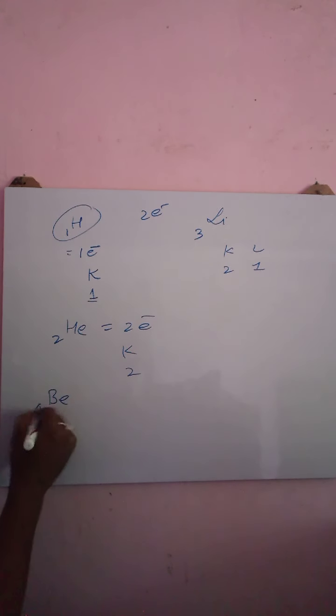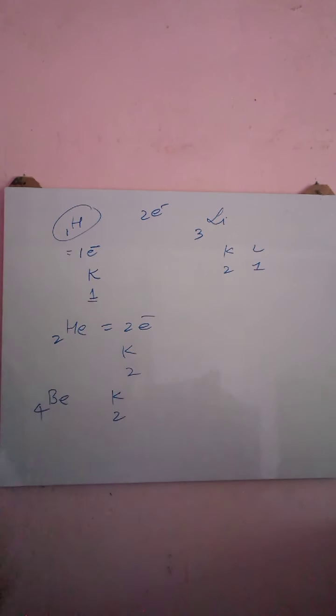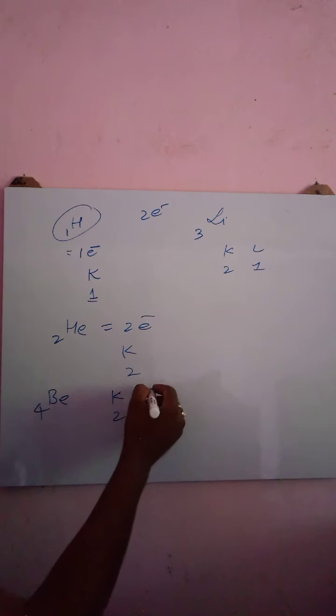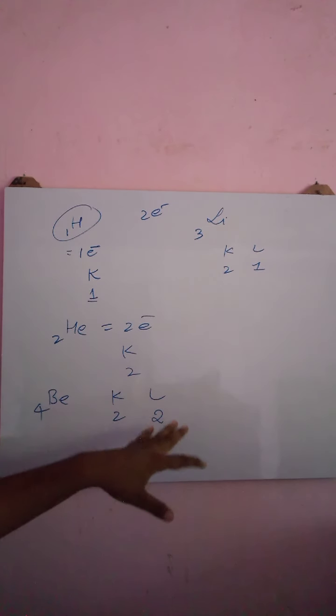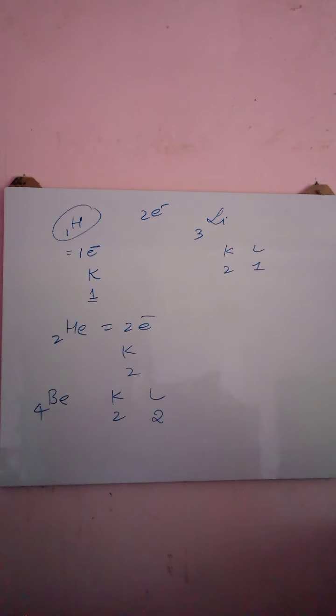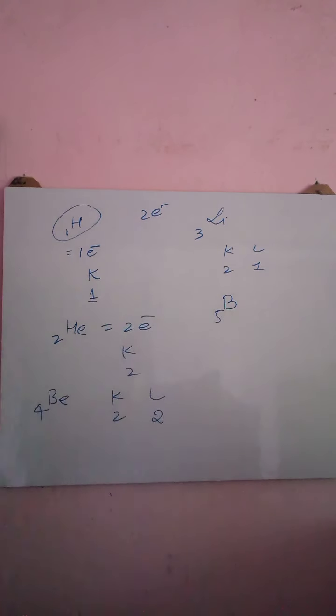Beryllium, atomic number 4, 4 electrons. The capacity of the K shell is 2 electrons, so easily 2 electrons can be accommodated. The remaining 2 electrons will go into the L shell because the capacity of the L shell is 8 electrons. Only 2 electrons are remaining, so these 2 electrons can be accommodated by the L shell. Boron, atomic number 5.